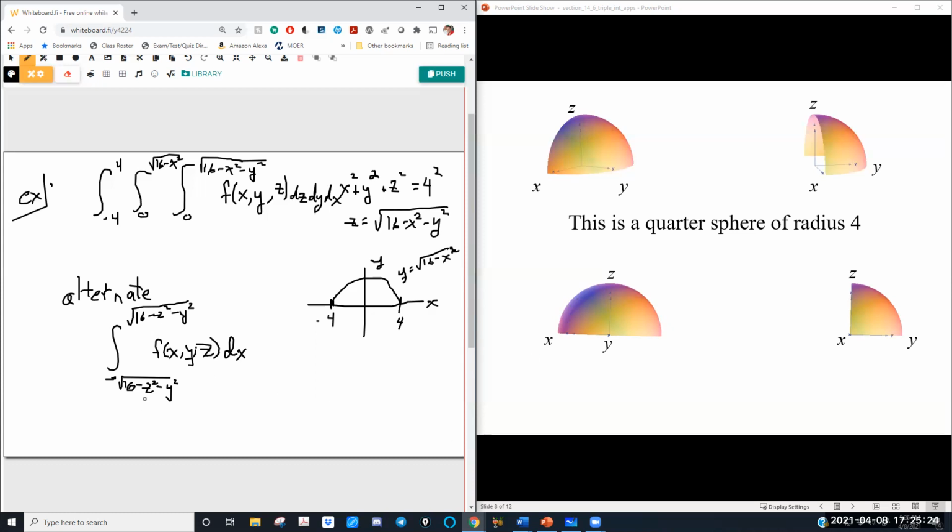So now that we've got that done, we can draw what this looks like in the YZ plane, which is a quarter circle. And depending on which variable we want to do next, we could say z equals square root of 16 minus y squared, or y equals square root of 16 minus z squared.